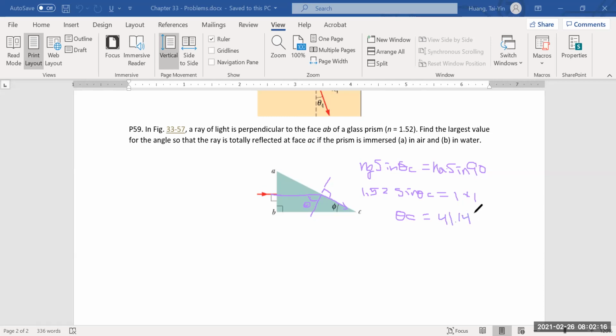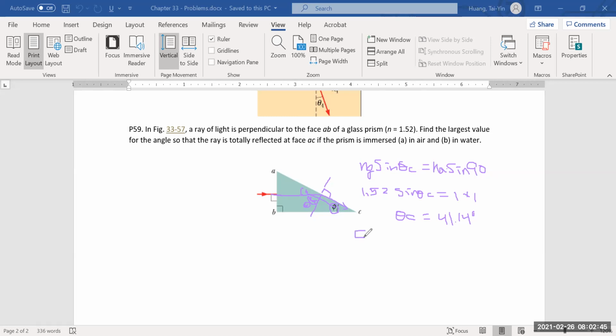Okay, but that's not the final answer, because what we just did is calculate this angle, and the problem asks you to find the largest value for this other angle, so that the ray will propagate along the face. So you can see that this angle plus this angle is basically this angle. So these two angles add up to 90 degrees.